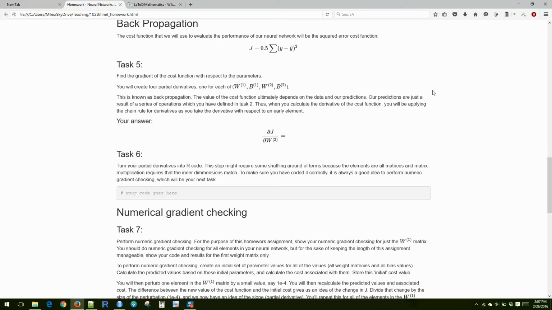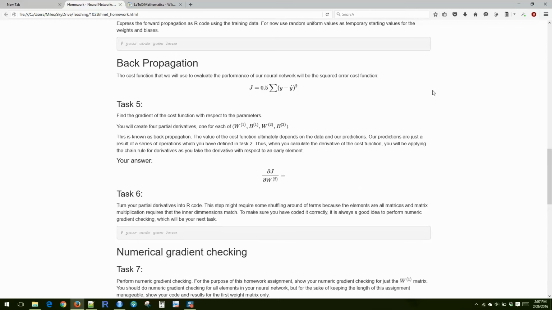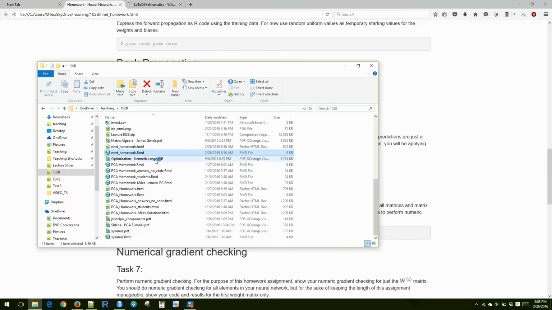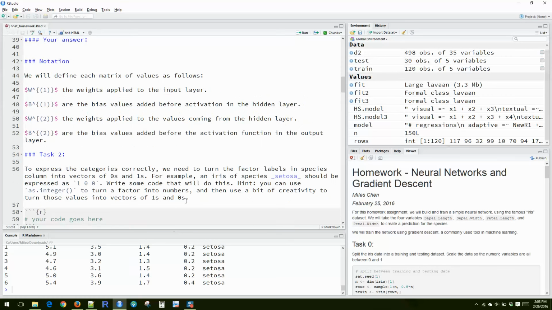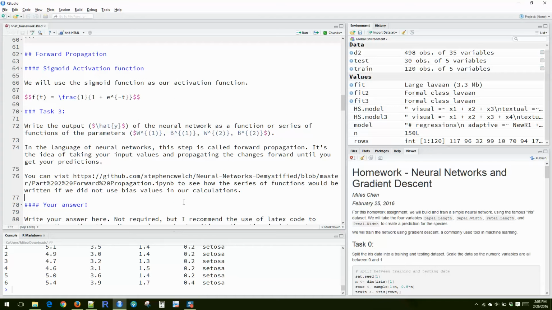RStudio can handle LaTeX, and you can render as HTML. For example, this stuff that I have here is written in LaTeX. If the cost function is J, the partial derivative looks like this. All you do is, in your document, put it in between dollar signs.